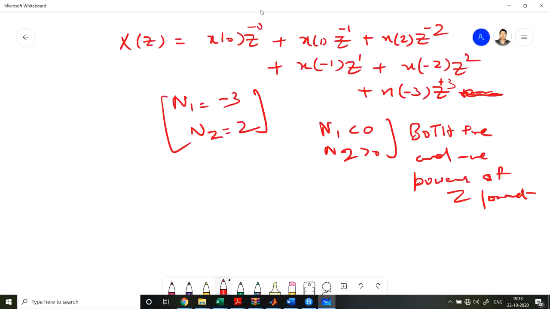So when z tends to 0, we get the terms with negative powers of z becoming unbounded, because we have negative powers of z.